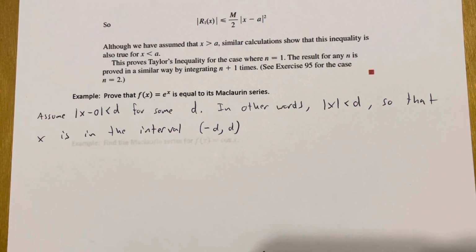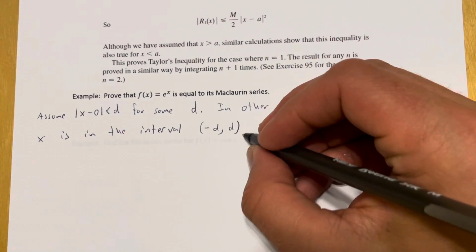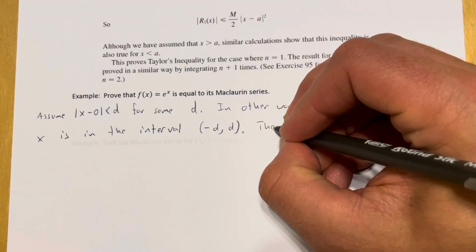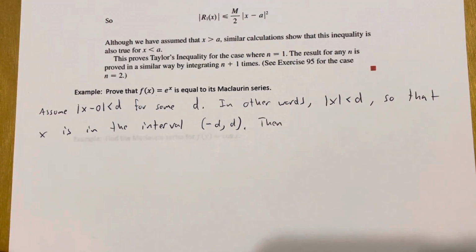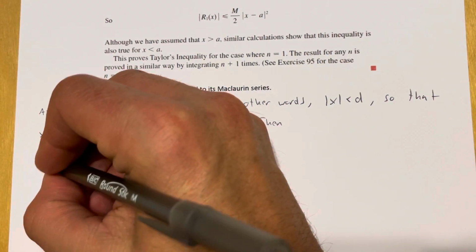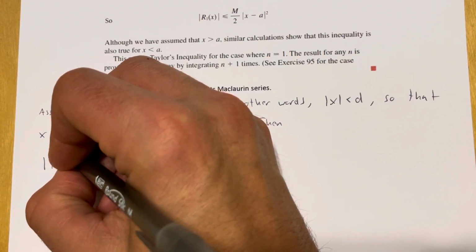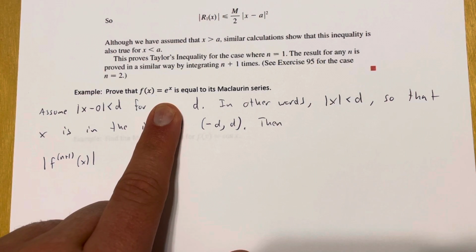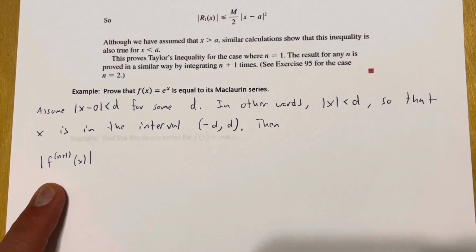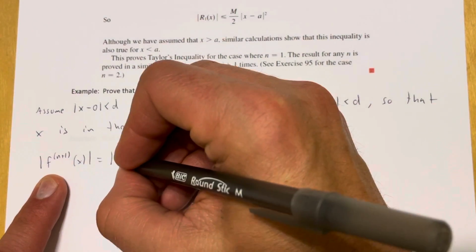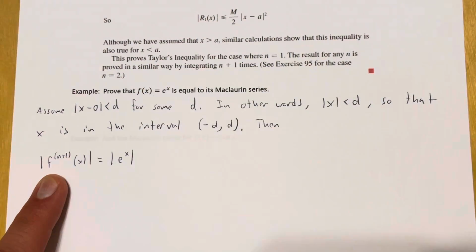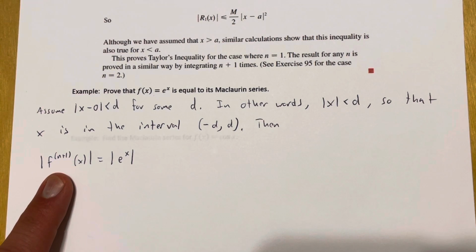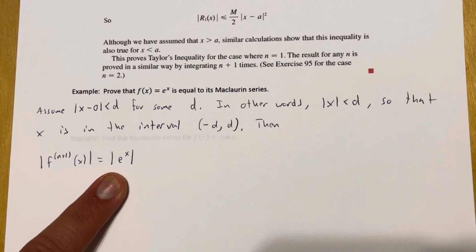So what I need to do now is look at the n plus 1th derivative. The absolute value of the n plus 1th derivative of f of x. Because we're talking about the exponential function, the absolute value of the n plus 1th derivative of f of x is the same thing as the absolute value of just e to the x, because every derivative of e to the x is e to the x.